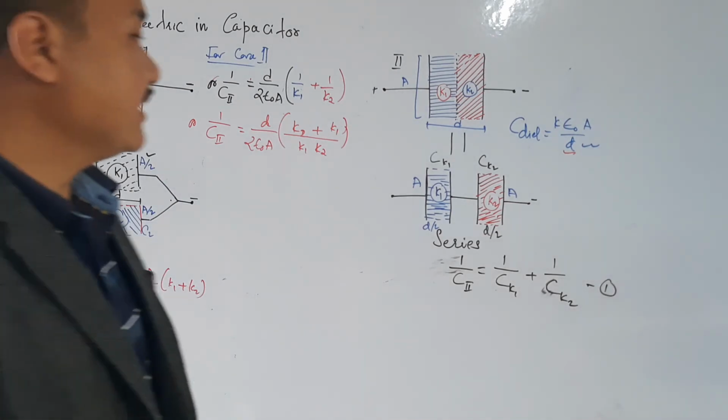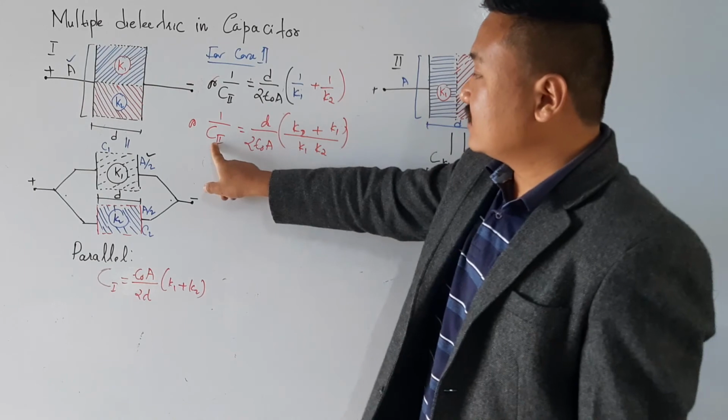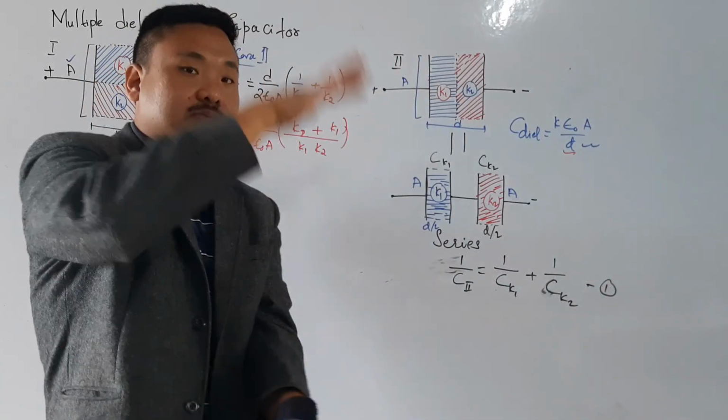But what I need is C dielectric, or C2, but C2 is in the denominator, so we will invert it.